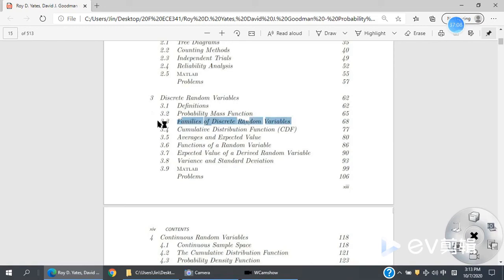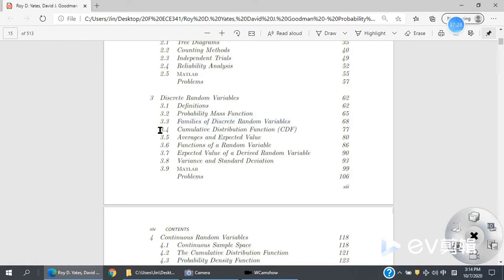This is section 3.3. You can also check that section. But in that section, you already have the definition and the PMF of a random variable. So in this section, you only have those distributions with the PMF.